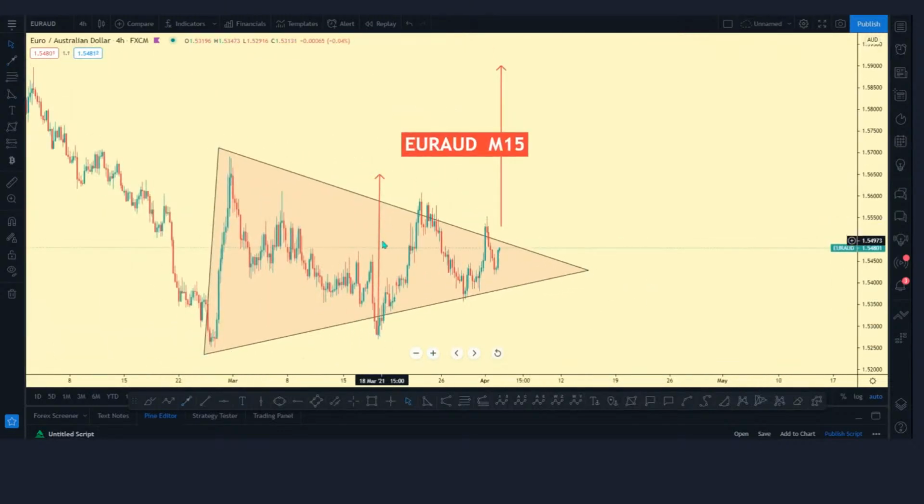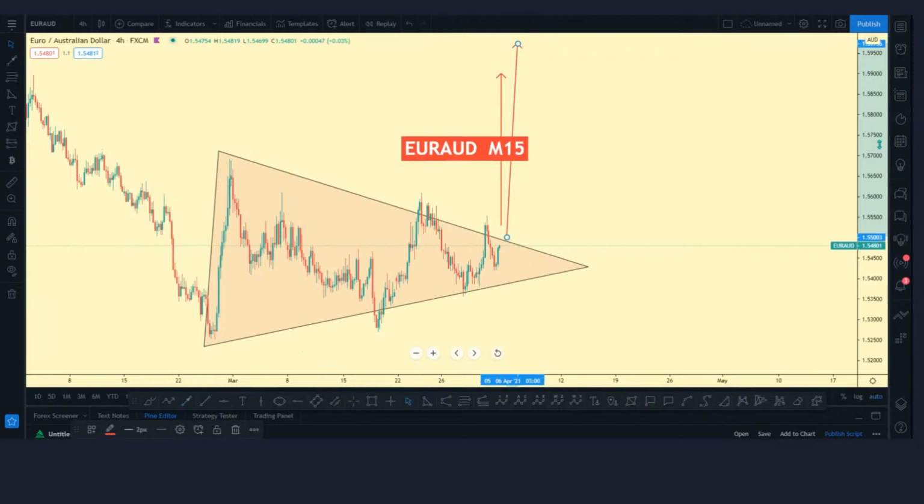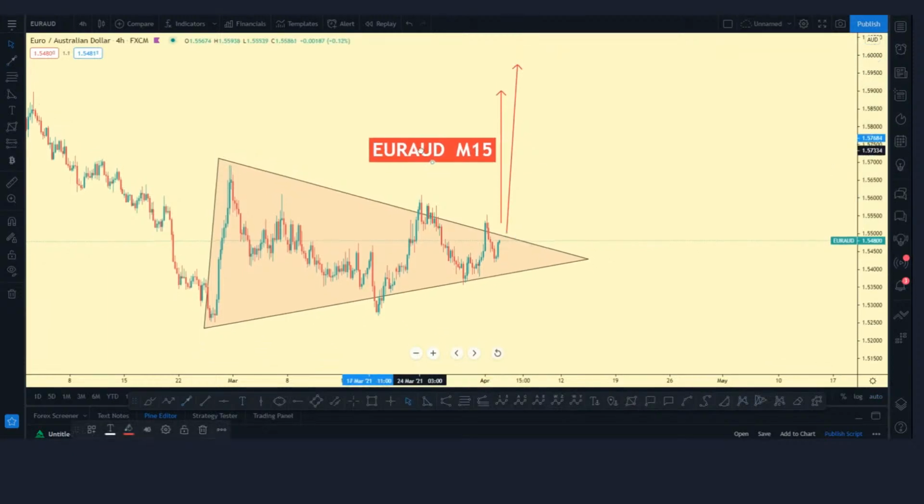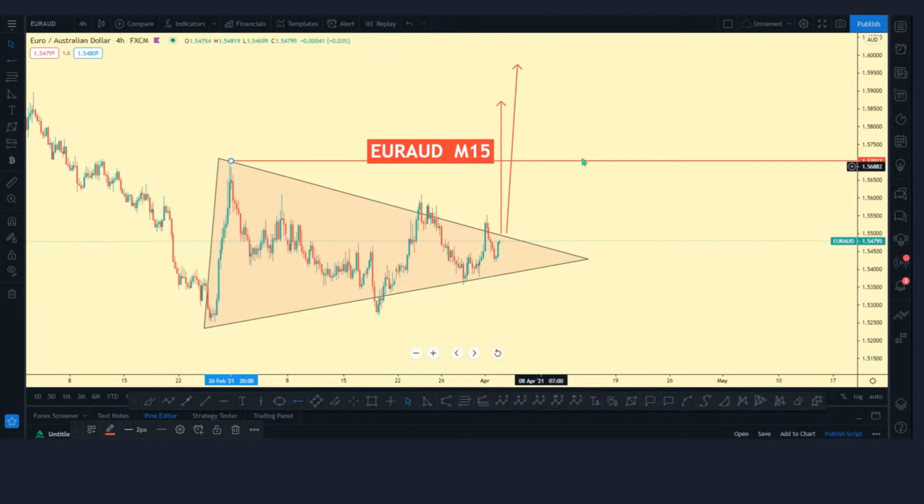Okay, so that's the first target. Second target, if this will work out, you get this full height from here. This will be an even bigger target. Okay, so that's M15, and that's the 4 hour time frame. Of course, a very important level to watch is this one. Okay, so that's also a target 1.57, and your stop loss will be just below this low right here.